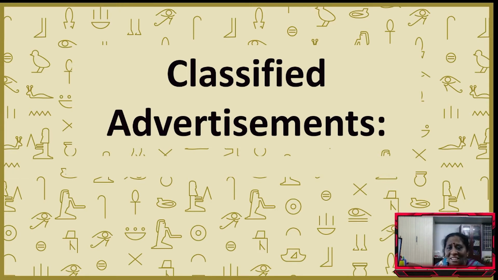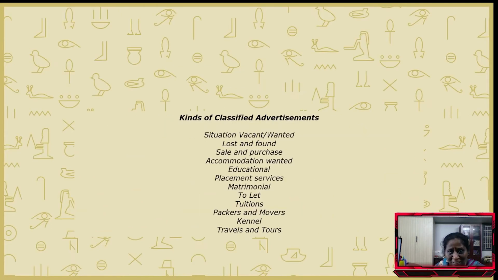Now, what are the kinds of classified advertisements? It can be situation vacant or situation wanted. Situation vacant means you need someone for the post and you are asking for it, like the school needs a principal or a TGT English teacher, etc. And situation wanted means you are capable of doing this thing and you are asking for a job.